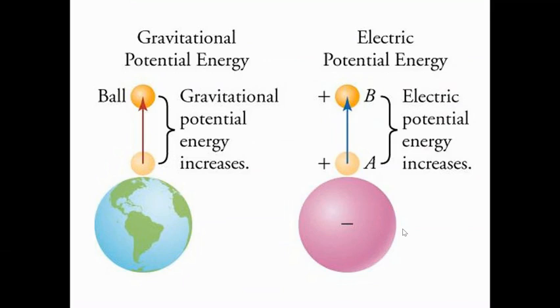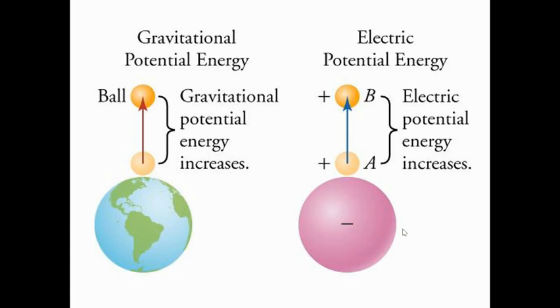Now, there's also a thing called electric potential energy. This is similar to gravitational potential energy. If you take an object with charge, let's say you have a positively charged object, and you bring it near a large negative charge, if you move that positive charge farther away or increase the distance or height between the positive object and the negative object, we say that its electric potential energy increases.